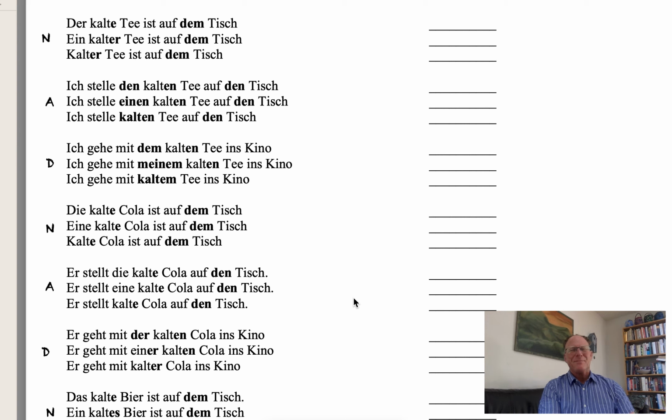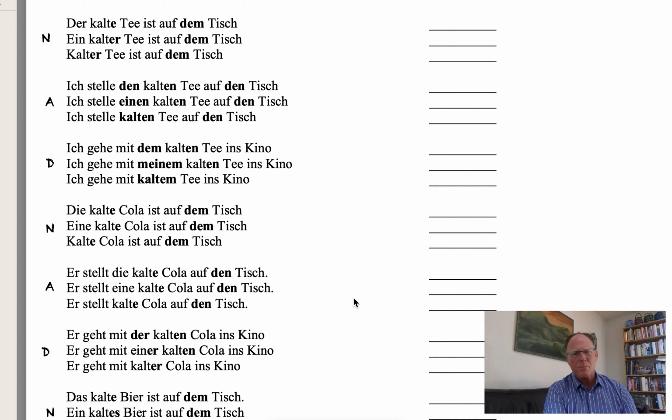Guten Tag. Today I am going to demonstrate for you the pattern that occurs for attributive adjective endings. Now, I know that can be quite confusing, and you often wonder, what is the ending of the adjective, and how can I place that?